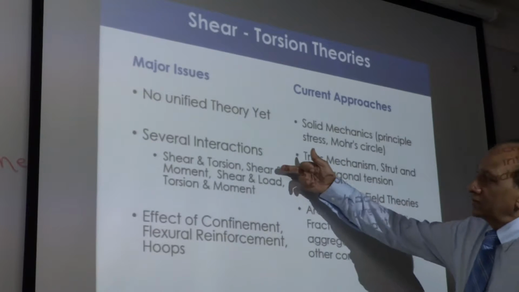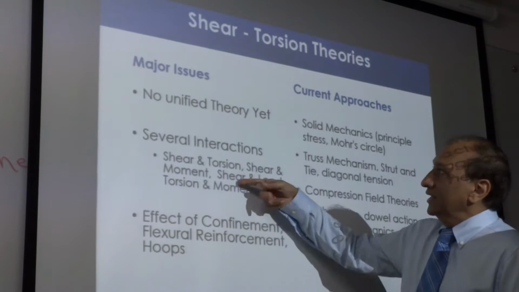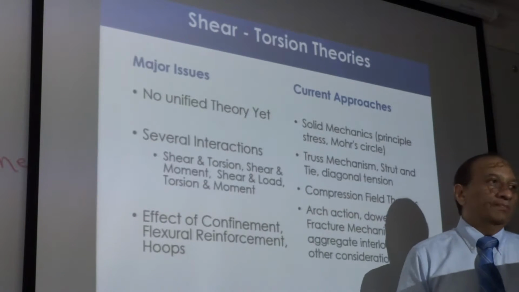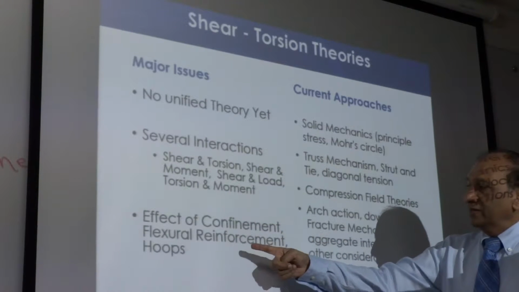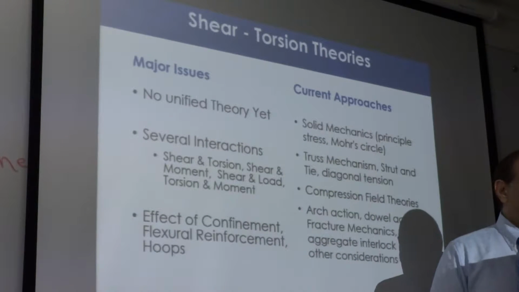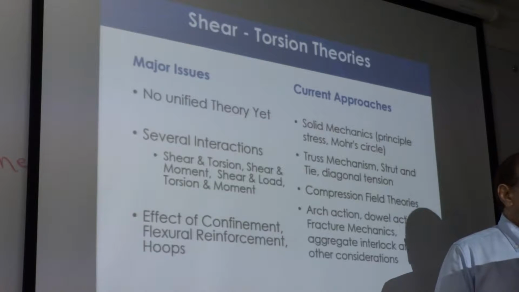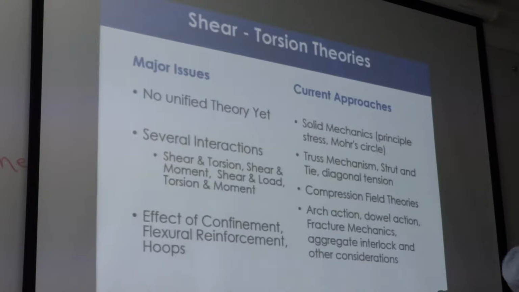Because of all of these interactions, a unified theory is not really practical yet. People are working on it. Many are there, but none of them really solves all the problems. Then effects of confinement, flexural reinforcement, and hoops have to be considered, because we put transverse reinforcement for confinement, but it also becomes reinforcement for shear and also for torsion.